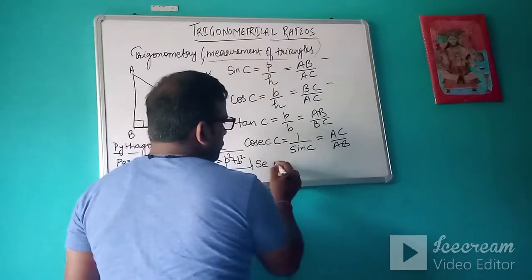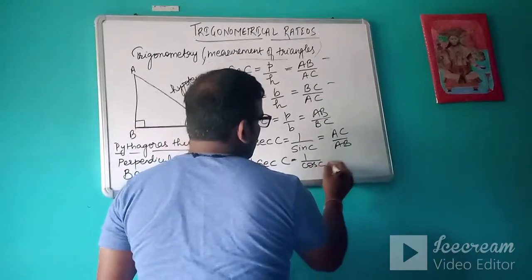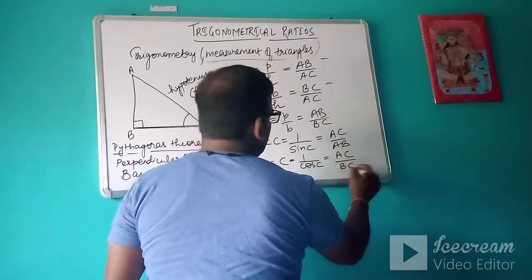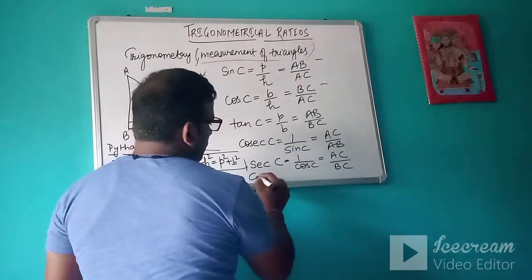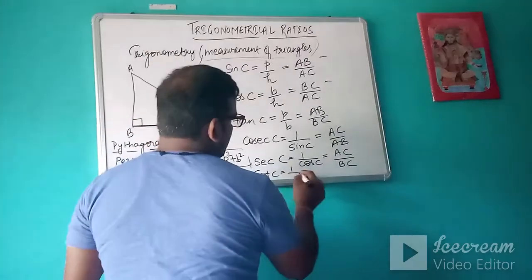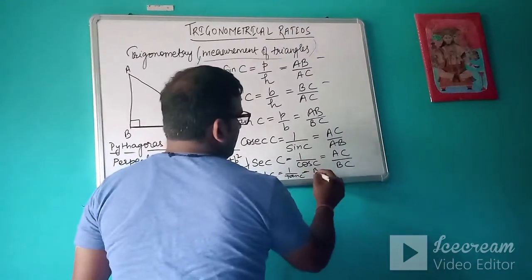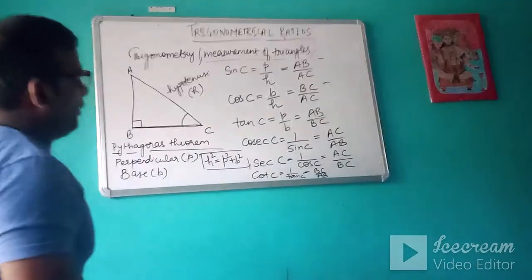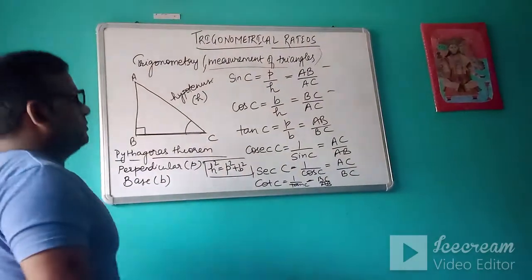Similarly, if you want to write sec of C, it is the reciprocal of cos, so we will simply write AC upon BC. And if you wish to write cot of C, it is the reciprocal of tan, so we will write BC upon AB. Like this you have to write the values of trigonometric ratios.